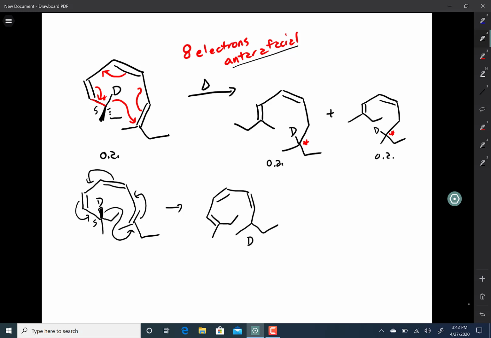It started out as a wedge, so going on the top, then it's going to end up being a dash on bottom. So as a result, that stereochemistry is going to be an R. And so this one right here is going to be an R. I matched that to that.